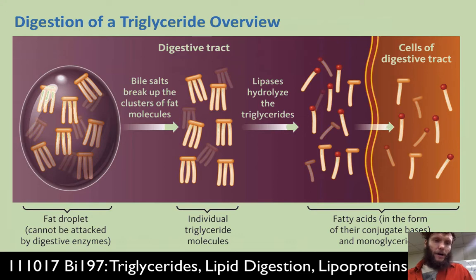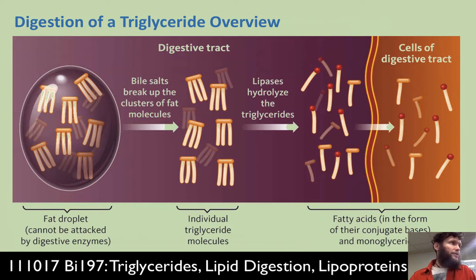These big fat droplets, kind of like if you had salad dressing, oil and vinegar, and you shook that up, and you saw the little bubbles of oil there. The next thing that happens is your body releases bile salts, and we're going to find out what that even means, what bile is in a bit.